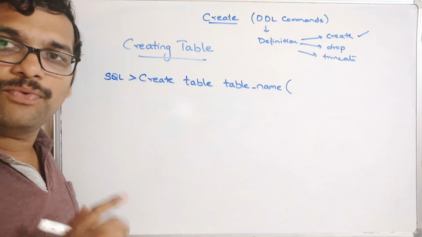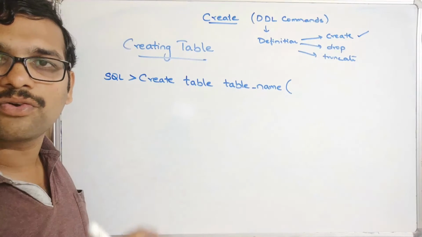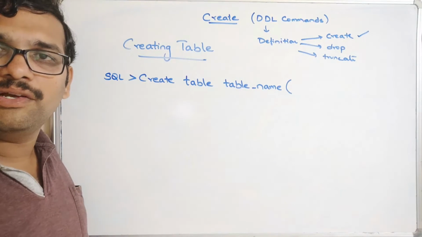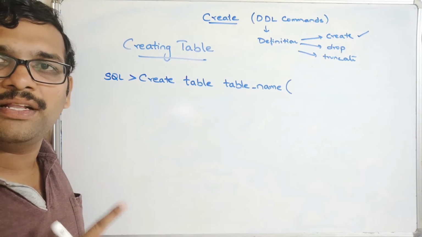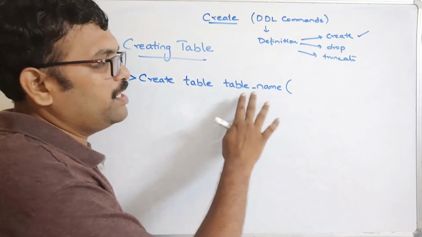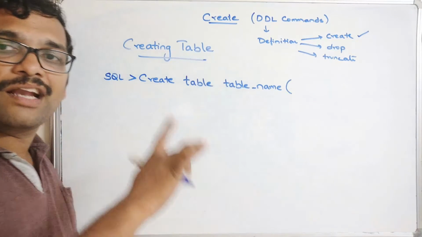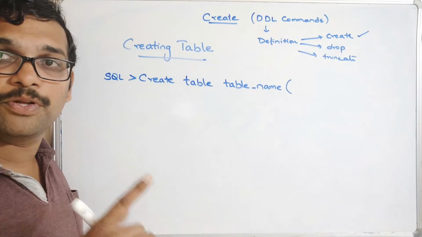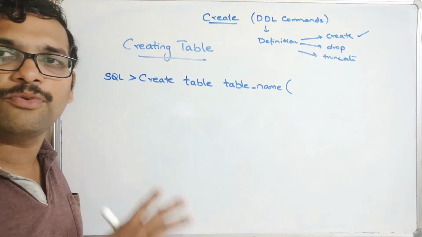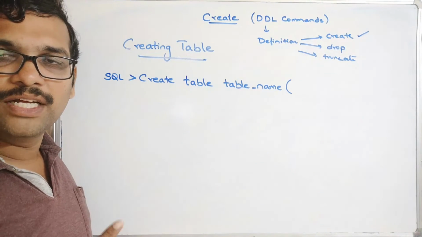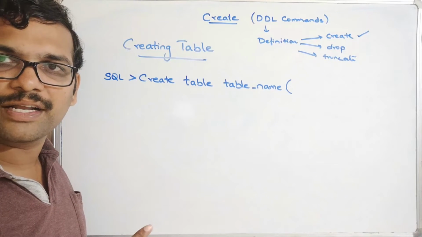In the table we know there will be columns and rows. So we have to give the columns, which we call attributes. We have to define the attributes which should be available in this particular table with the corresponding data types. Based upon the value we are storing into the attribute, we have to define it with the corresponding data type. In the previous session we have seen the different data types, right?